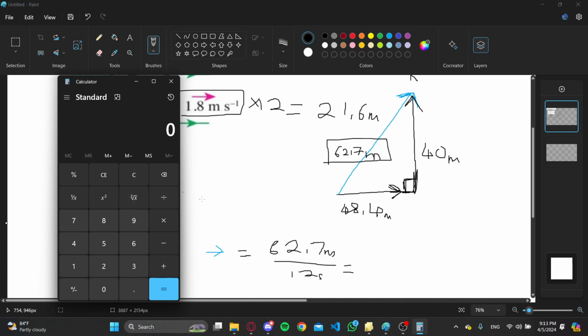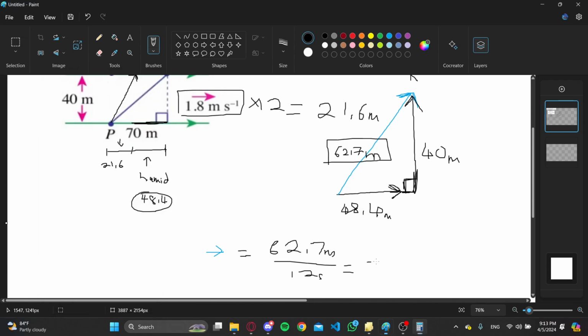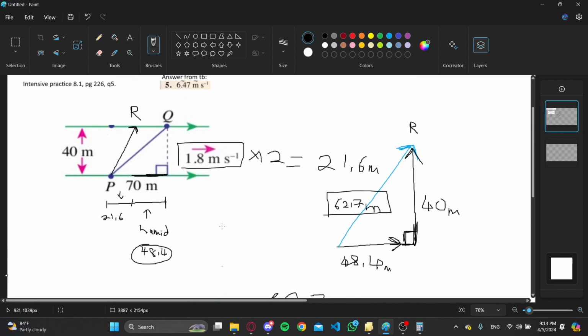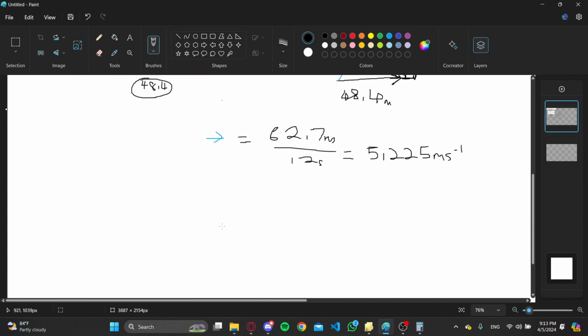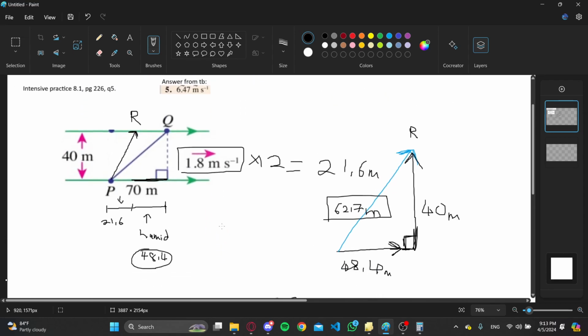Is that right? I don't trust my calculator. 62.7 divided by 12. Yeah, 5.22 meter per second. Okay.